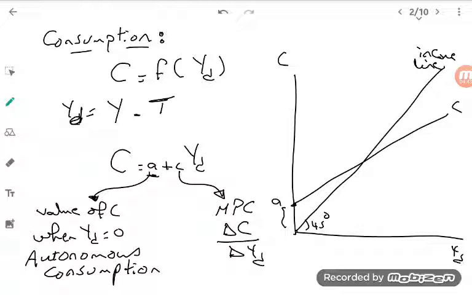If you compare this line and the consumption line, you can find whether the individual or the country is going to save or use from their own savings, or just break even, where consumption equals income.